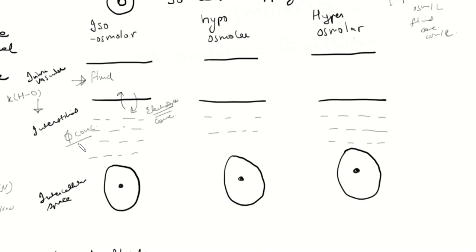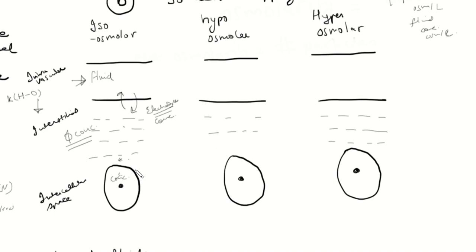And if I don't change the osmolarity of this compartment, these two compartments have already equalized. Why is that? That is because the water keeps moving till the two compartments have the same concentration. Might be of different solutes, but it's the same concentration.